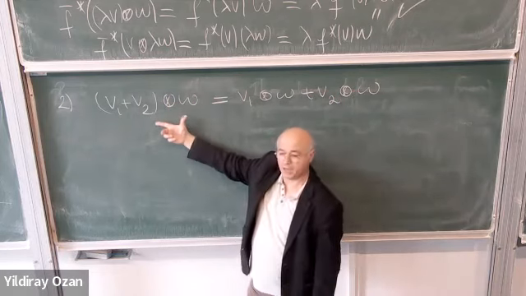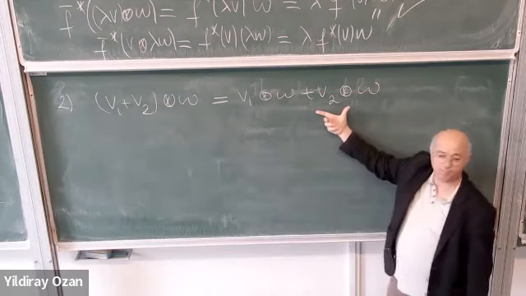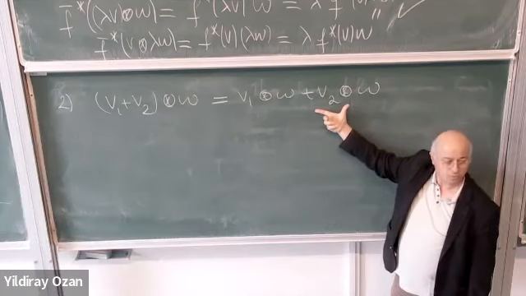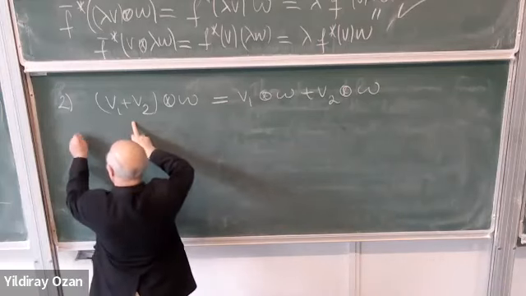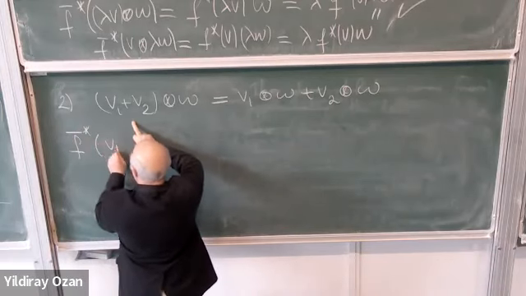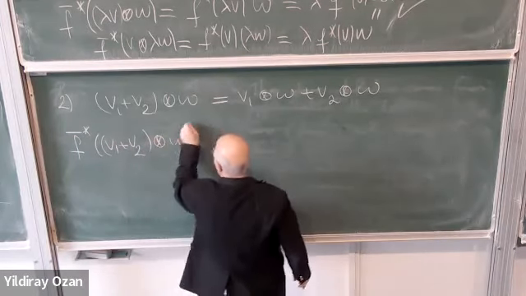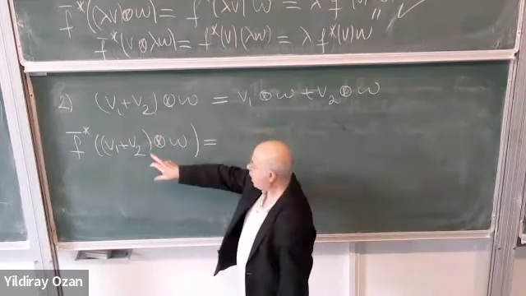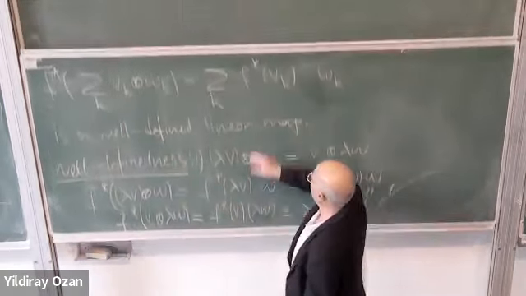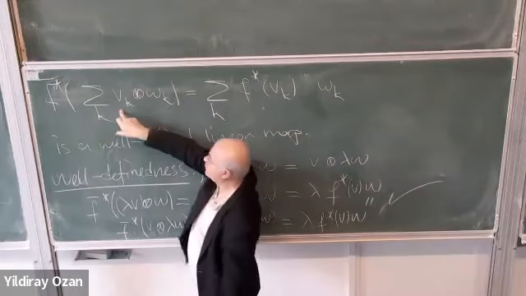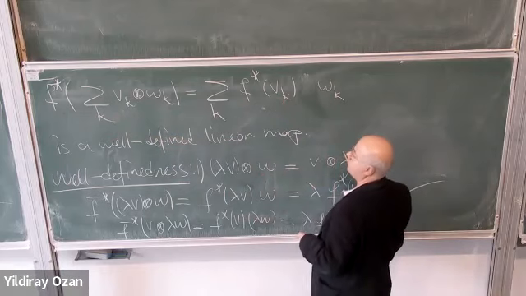F bar star evaluated on this object should be the same as F bar star evaluated on this object. So let's check that one also. F bar star of V1 plus V2 cancel W. Okay, now how did we define this? Well, we defined it this way. Take F star of V part and just put it as a coefficient of the W.